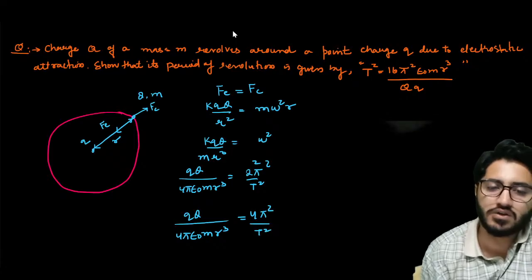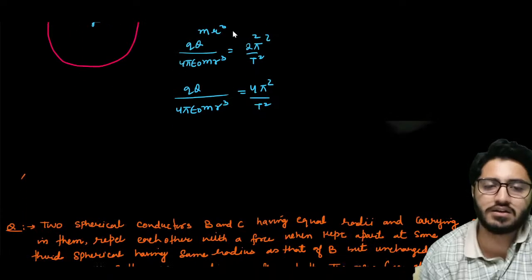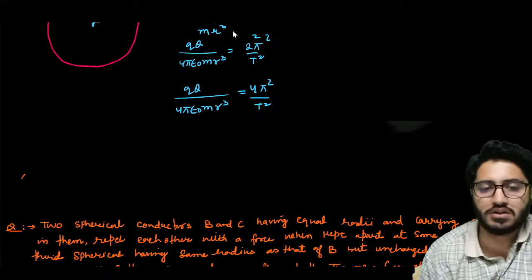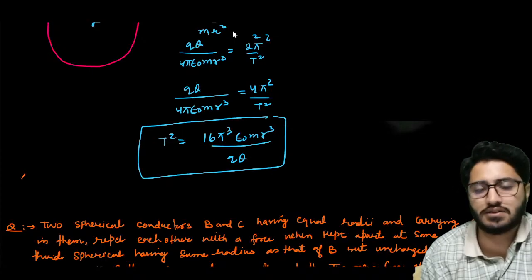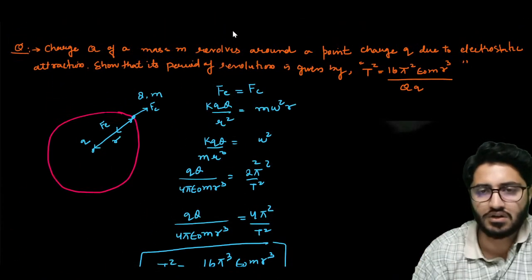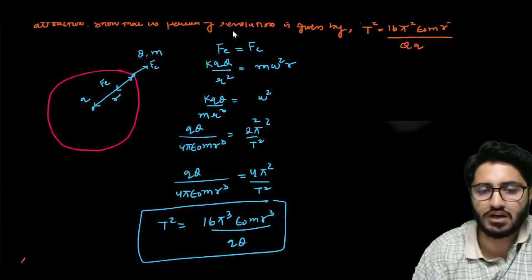Done. So look now what I can write here: T square came out to be 16 pi cube epsilon naught m R cube whole divided by q Q. I guess this is my answer. Let us match it now. 16 pi square. Yeah, this is my answer.